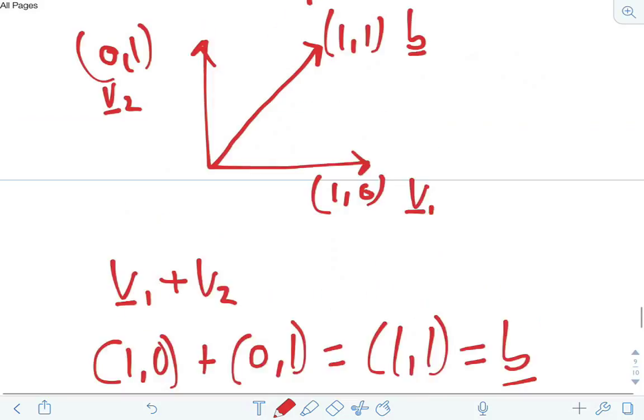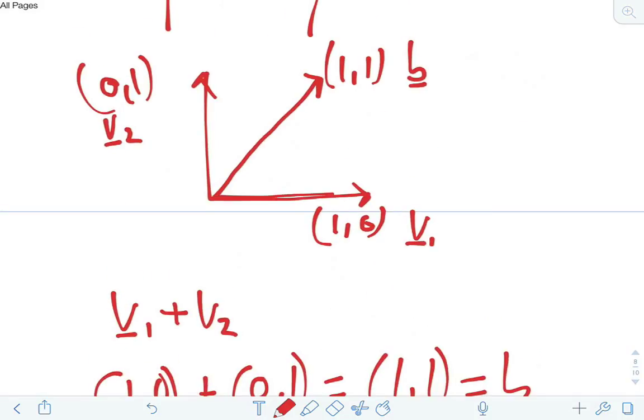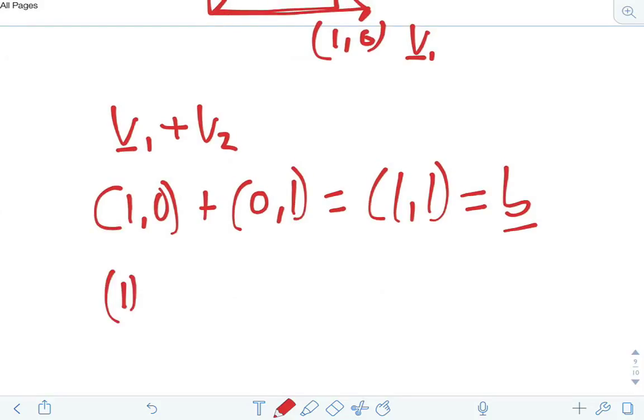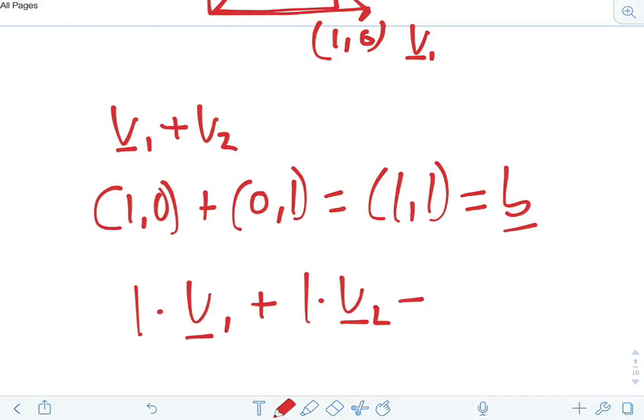And I can see that graphically here. If I add v1 and I add v2 to it, I'm going to move this over head to tail, and I arrive at b. So my linear combination that produces a result is 1 times v1 plus 1 times v2 is equal to b.